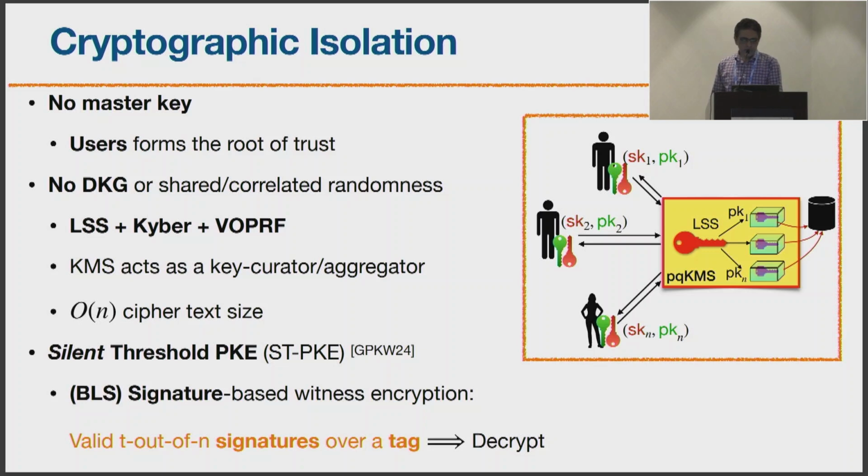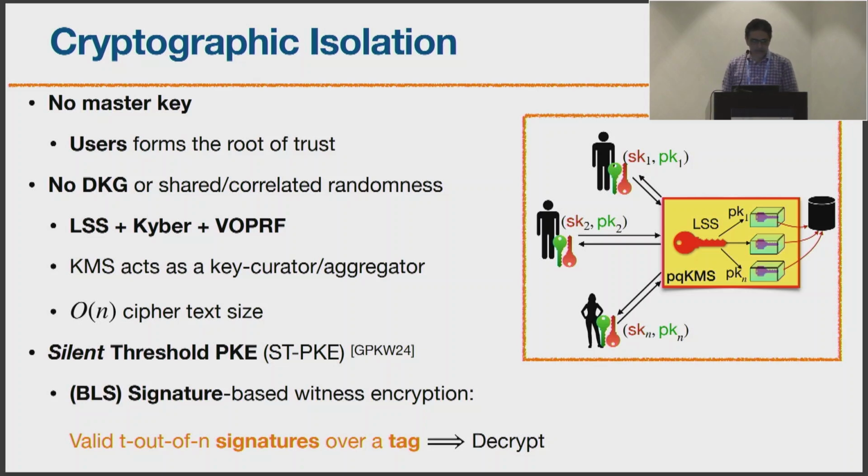So what we have is a very simple scheme. Every key that you want to store outside of the KMS is split using a simple linear secret sharing. Each user registers its public key to the KMS, and this public key is used to encrypt all these shares and store them in the database.